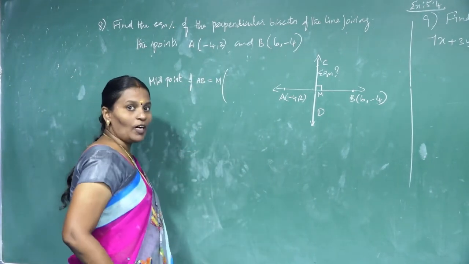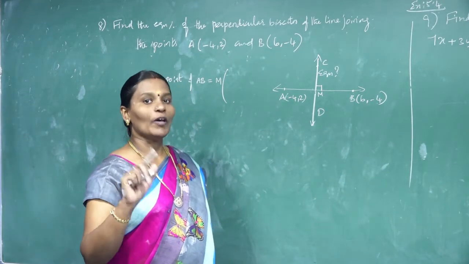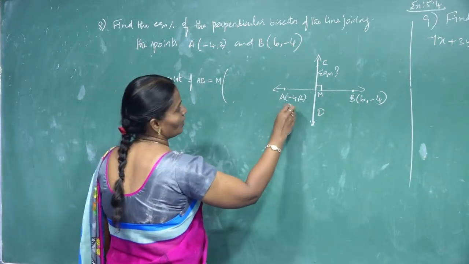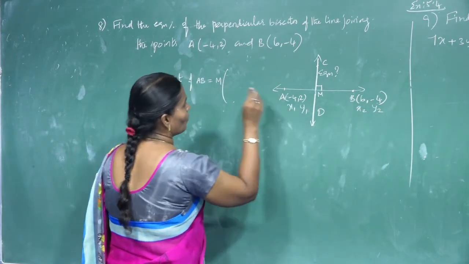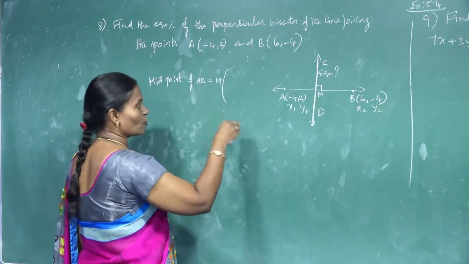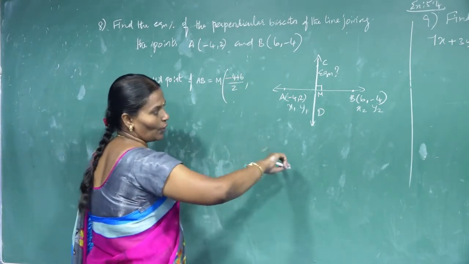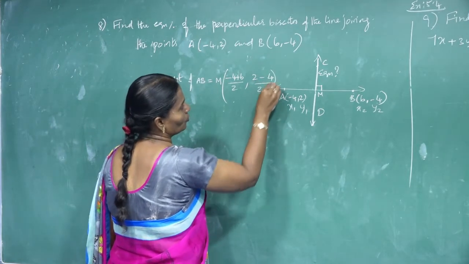You know the midpoint formula is (x1 plus x2) by 2 comma (y1 plus y2) by 2. So you apply that formula, here you consider this x1, y1, this is x2, y2. So (-4 plus 6) by 2 comma (2 minus 4) by 2.